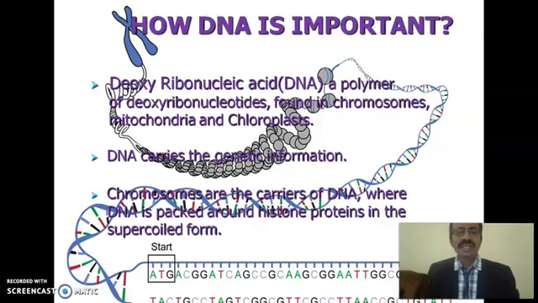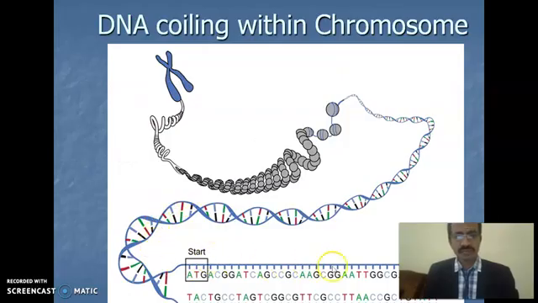Chromosomes are called the carriers of DNA as they carry the DNA. DNA is packed with the help of histone proteins in a supercoiled form in the chromosomes. So here we observe the two strands of the DNA.